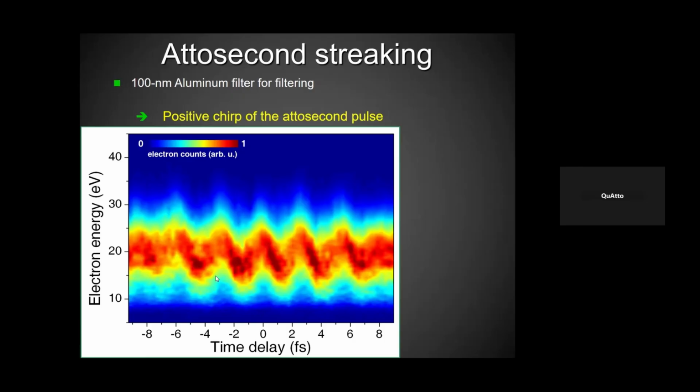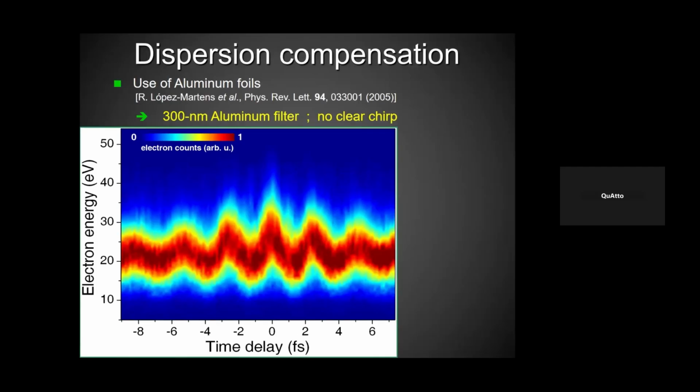And this is a clear experimental proof that the isolated attosecond pulses that we were creating in this condition present a positive chirp. Okay. It was good to know because we could also compress them using essentially aluminum foils, which present in this photon spectrum range a negative dispersion.